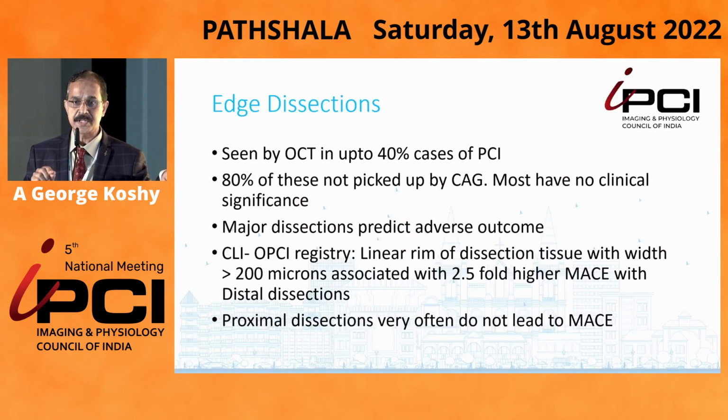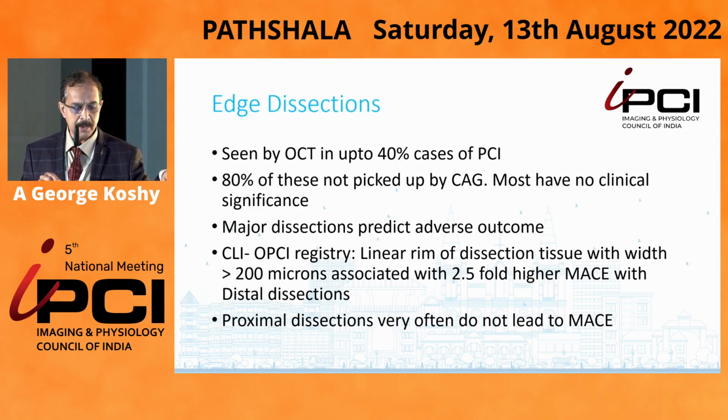The edge dissections are extremely common and are seen in OCT in up to 60% of cases of PCI. But we know that 80% of these are not picked up by the coronary angiogram and may not have clinical significance. But we should remember that major dissections do predict adverse outcome.